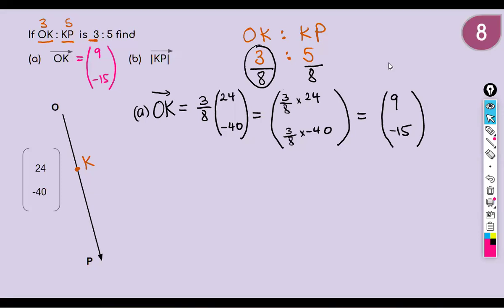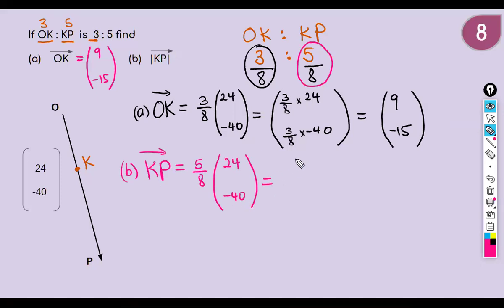Right, now part B is a two-step question. They're asking you to find the length or magnitude of KP. So you have to find KP first. To find KP, you have to find how much of the line, because KP is the other portion, the larger portion, is 5 eighths of the entire line.